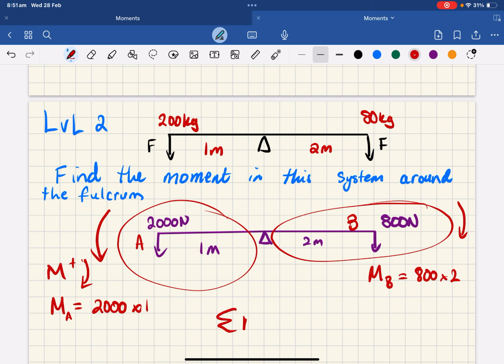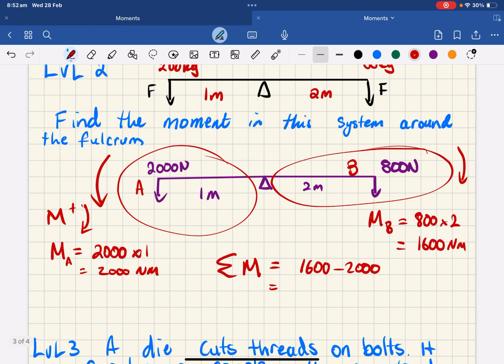So the sum of the moments equals, helps if we write out our answer, Mr. Viger, Newton meters. 1,600 take away 2,000, which equals 400 Newton meters anti-clockwise.